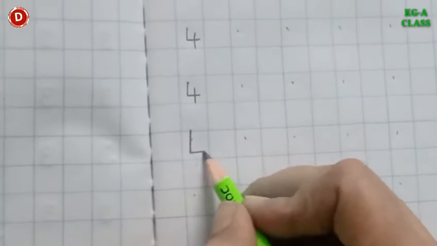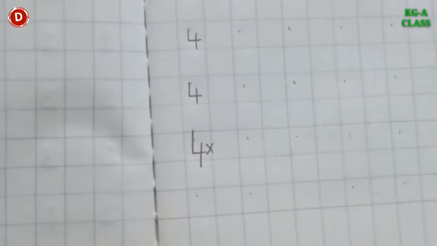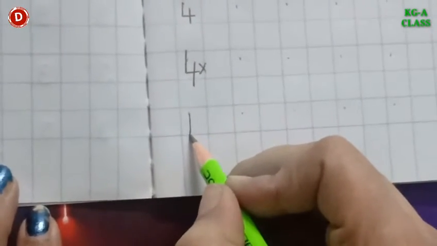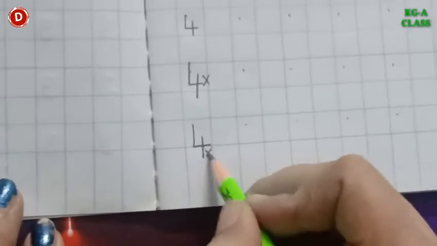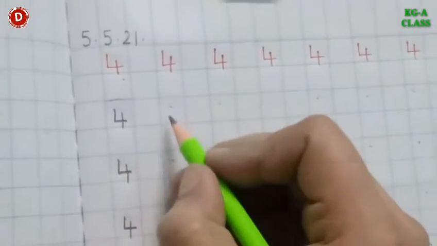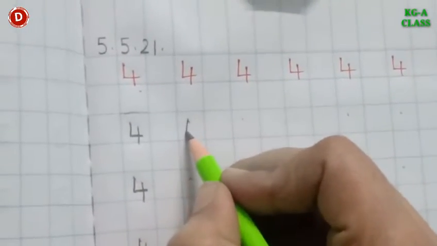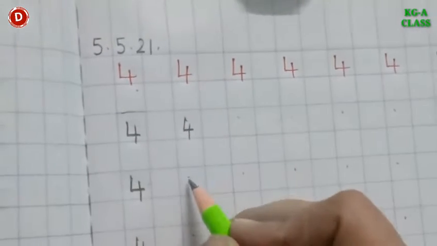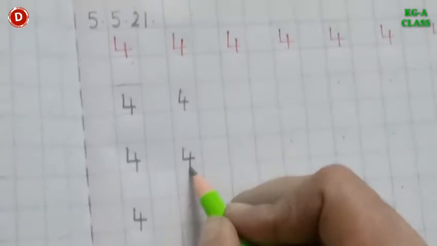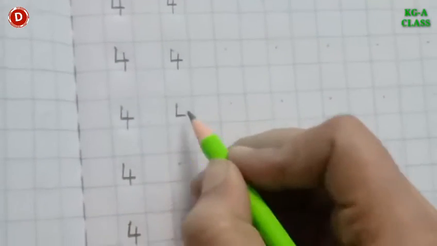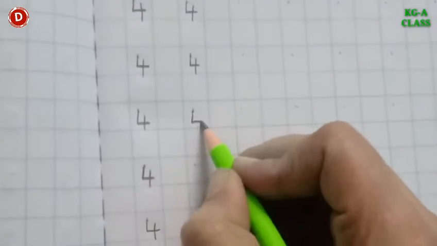Don't start from here and don't write like this. This is wrong. And if you start like this and make it like this, this is also wrong. Don't come out of this square. You have to write within the square. Like this. Standing line, sleeping line and again standing line. Or you can say cut like this.